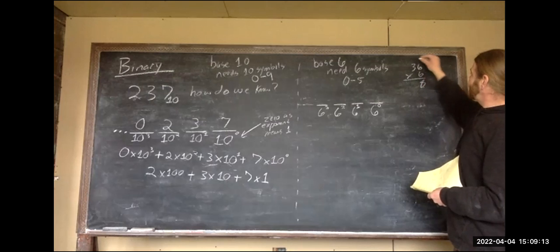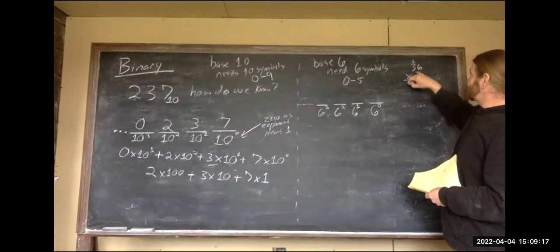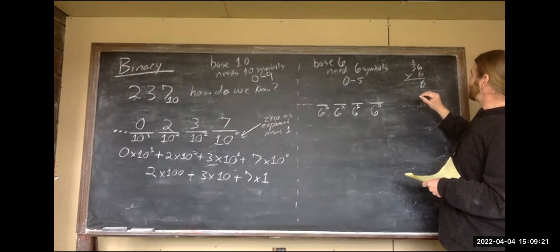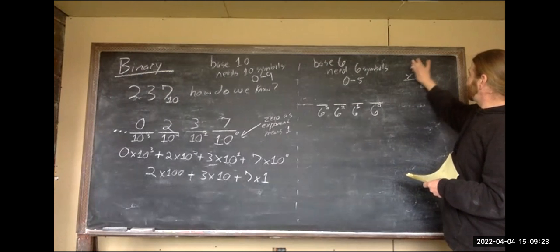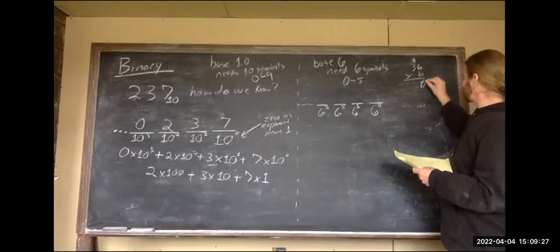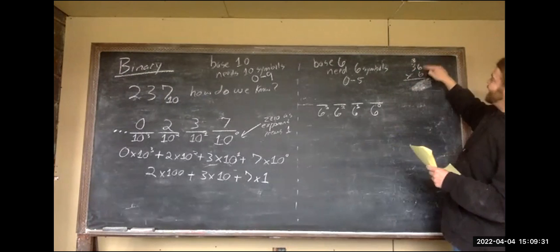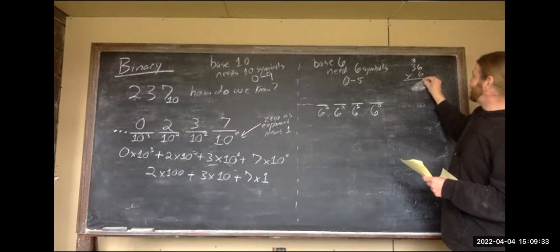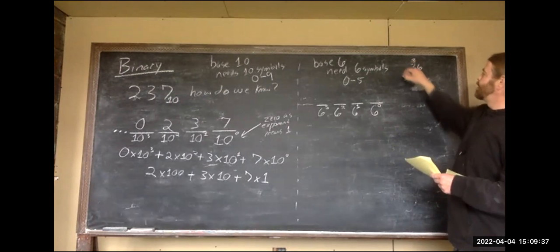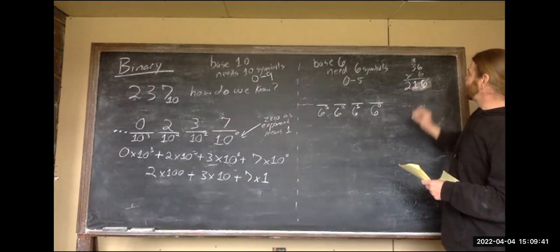What is that? 6 times 6 is 36, so that's 6, and then we carry a 3 to the next column. 18 plus 3 is 21, so that gets us 216.